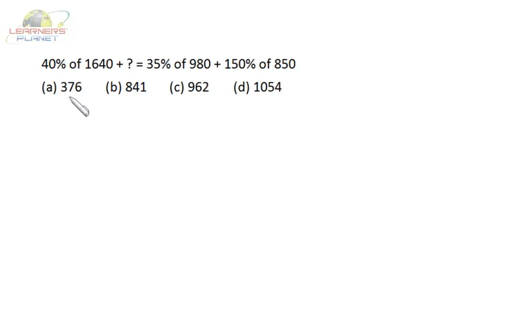Friends, as we see in the options, every option is carrying a different unit digit. So even you can go by the calculation of unit digit in this particular question. Now let's see how we can do this.